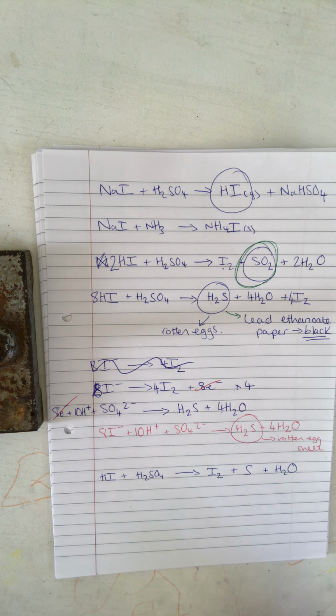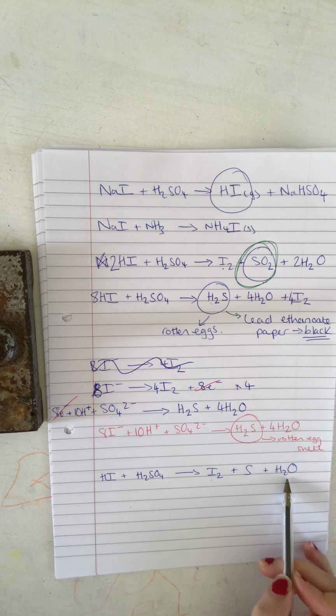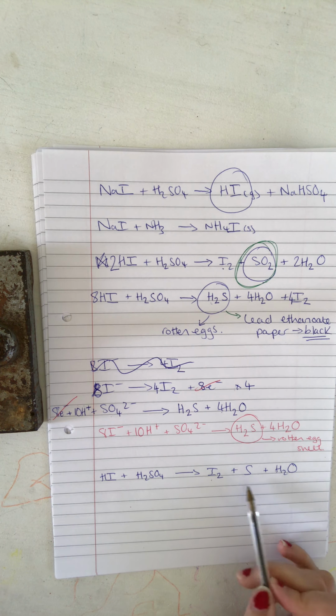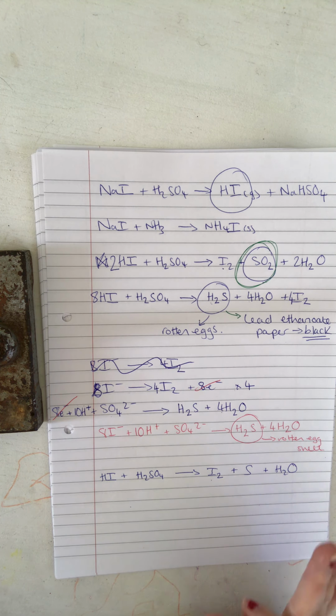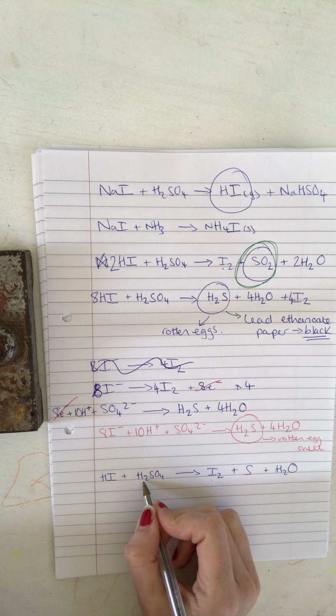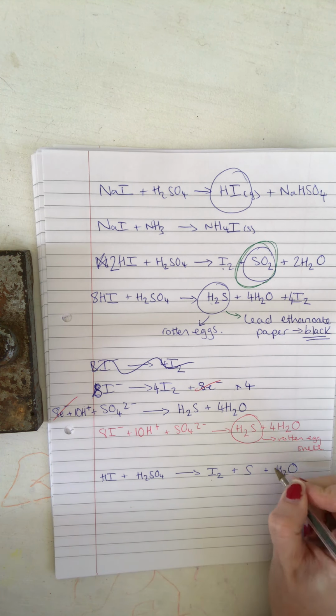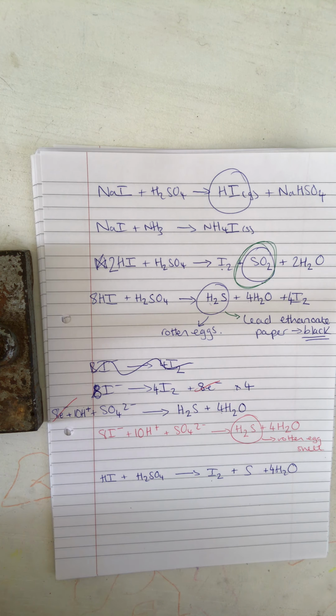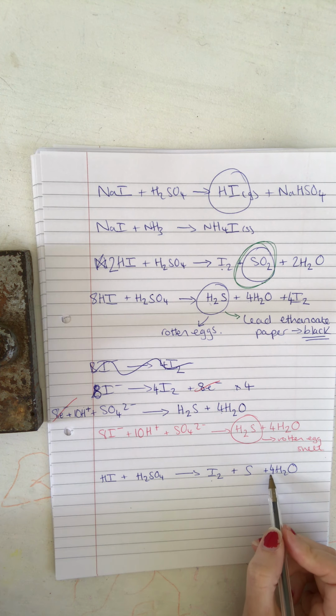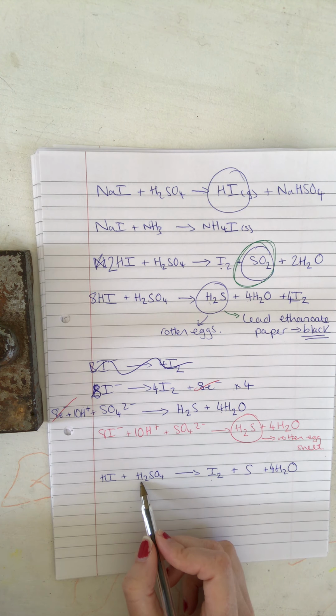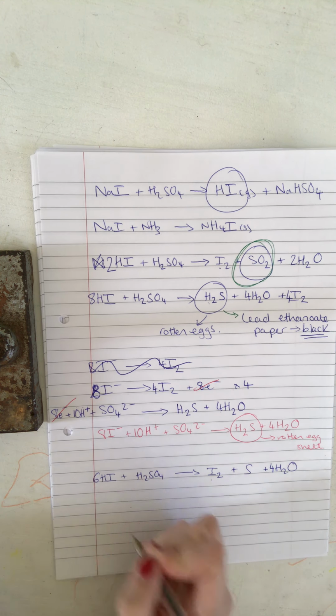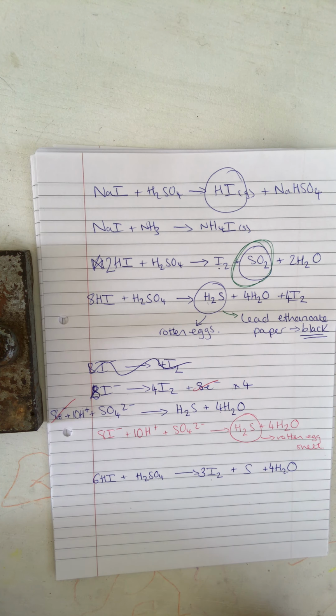So you're always going to get your halogen, some water, and then either sulphur dioxide, hydrogen sulfide, or just sulphur. So we need to balance that. So SO4, so we need 4 there, and then we need 4 H2O, and we've got 2 there, so we've got 8, so we need another 6, and then we're going to need a 3 there. So that's your overall equation.